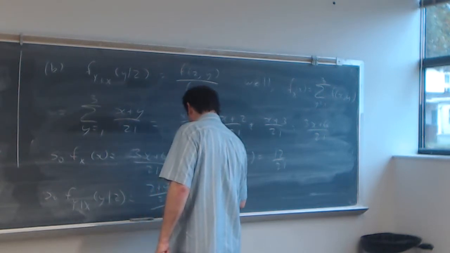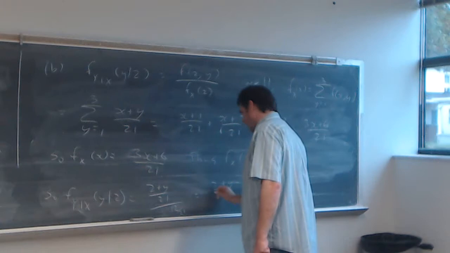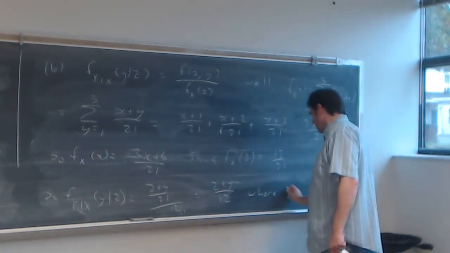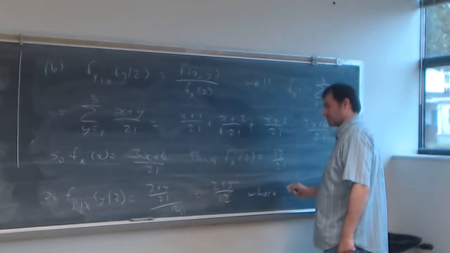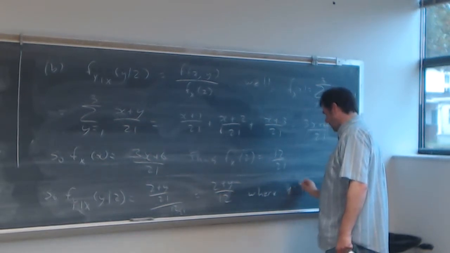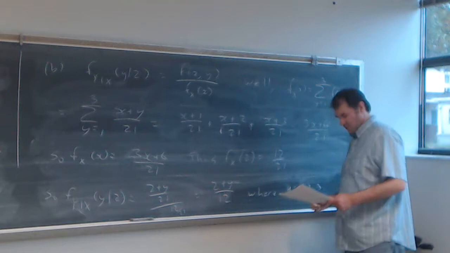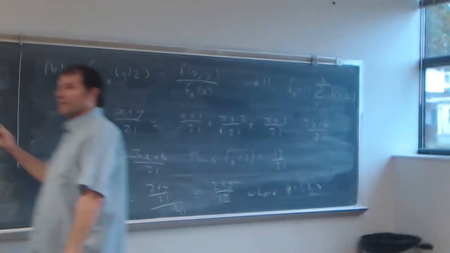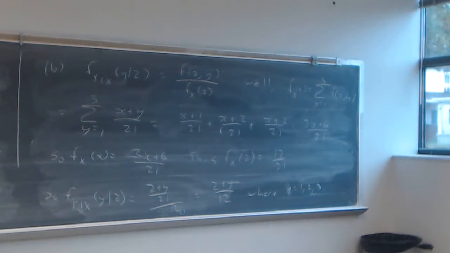So what I end up getting here is 2 plus y over 12, where y would be 1, 2, or 3. Let me check my work. That's what I got. Good. So we've seen an example now of computing the conditional probability mass function of x given y and y given x.